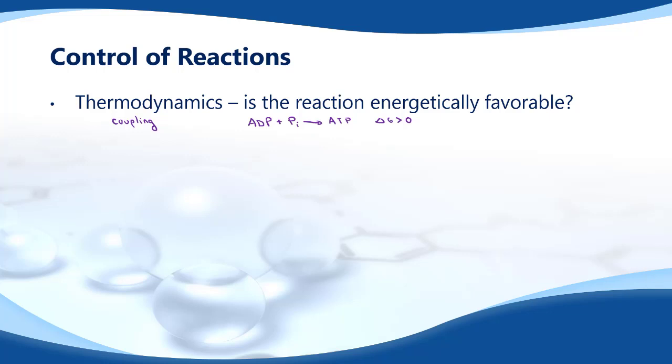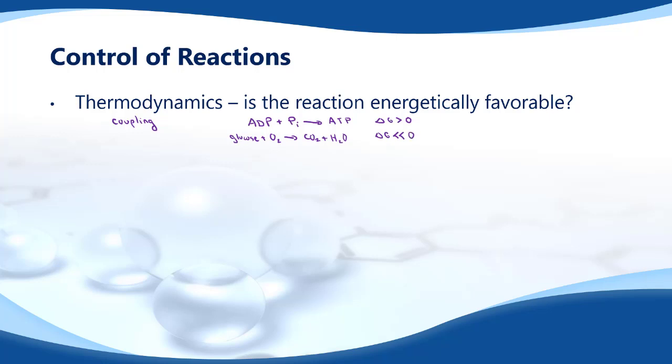Right? So if we take glucose, for example, glucose plus oxygen forms CO2 plus H2O. Right, so just our normal cellular respiration. This reaction, delta G for this reaction, is much, much less than 0.